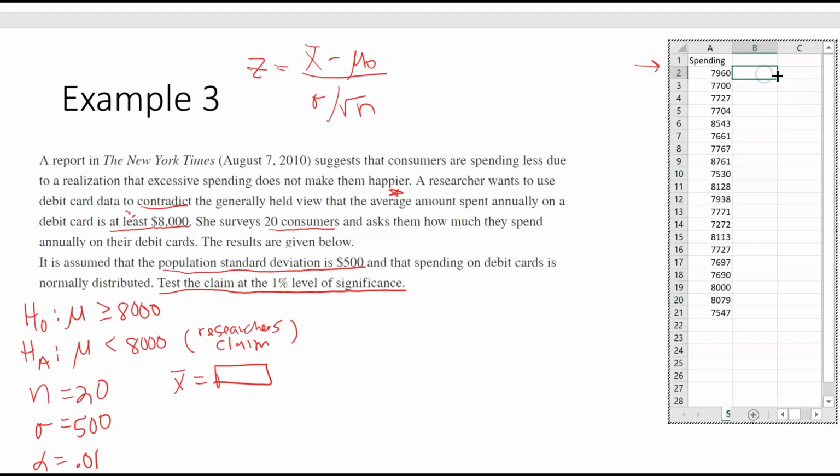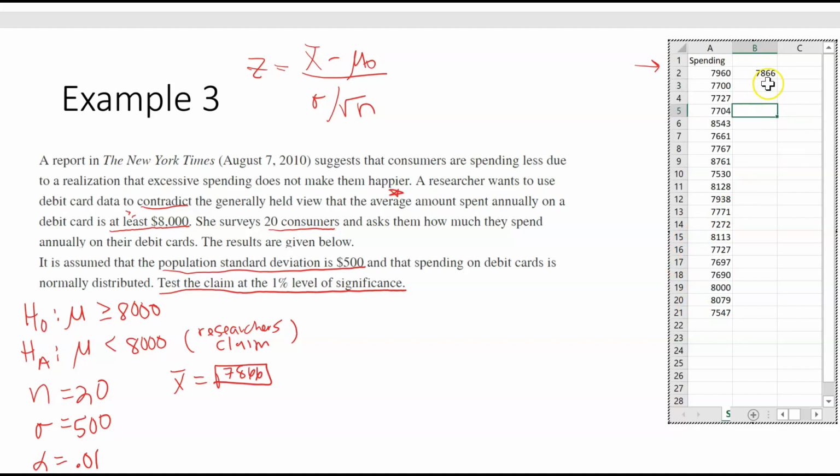So if I want the average here, or the mean, I would just highlight all that up. So I get that the average here is 7866. Now that I have that average, I can just calculate it right in Excel.